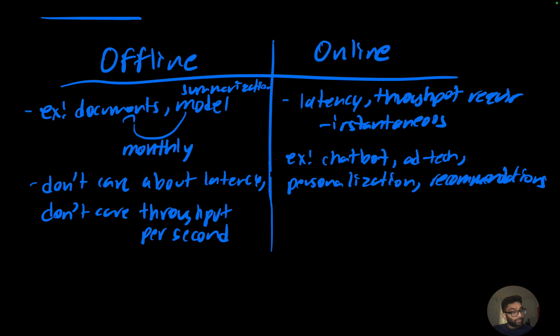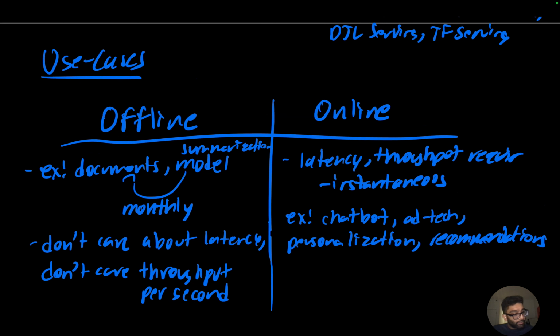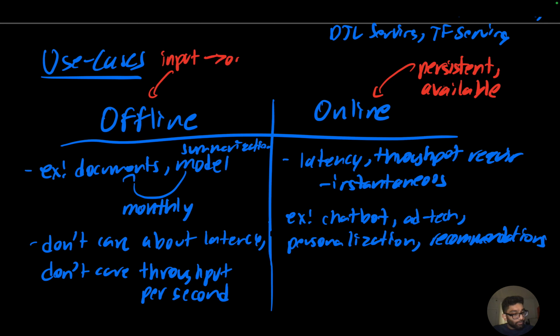So you can think of online as, I think the key word here is persistent, or we can even give a second word, persistent and readily available. Whereas offline is, you just have your input and you want to get an output. You don't really care when it comes, as long as you can process all those input requests coming in.